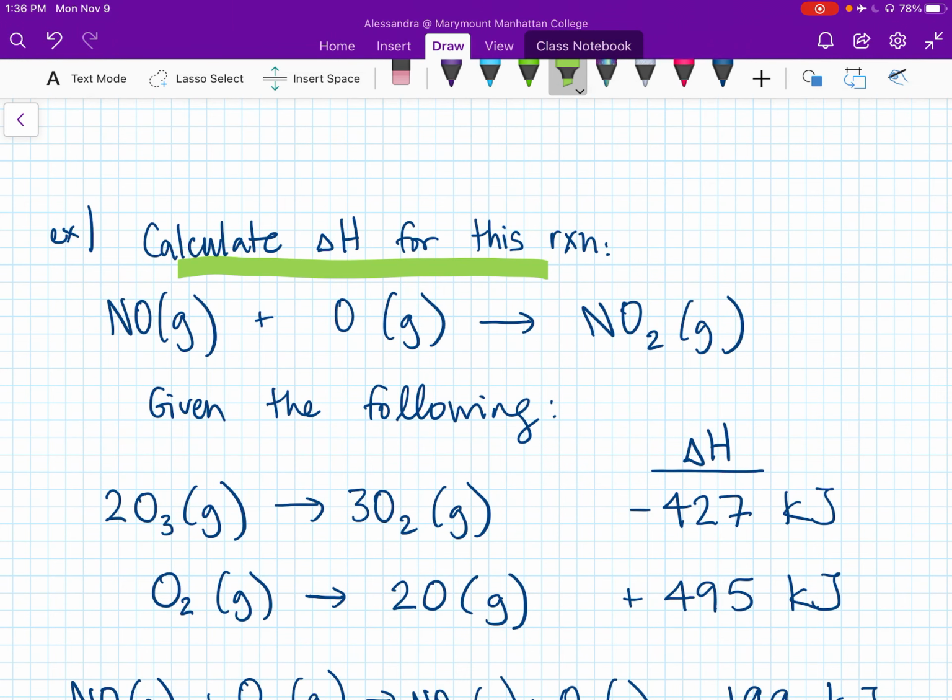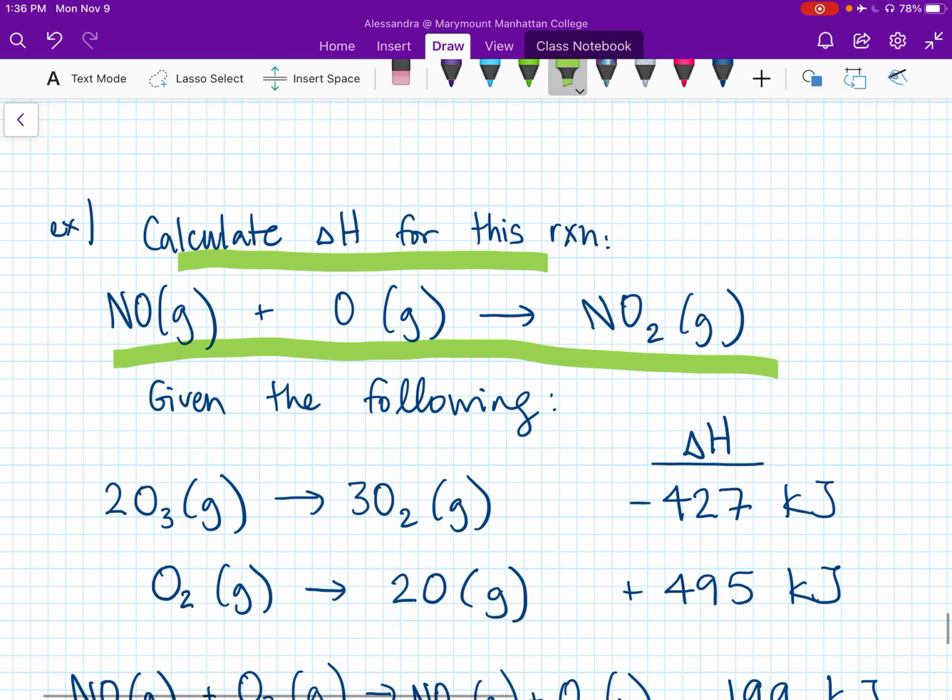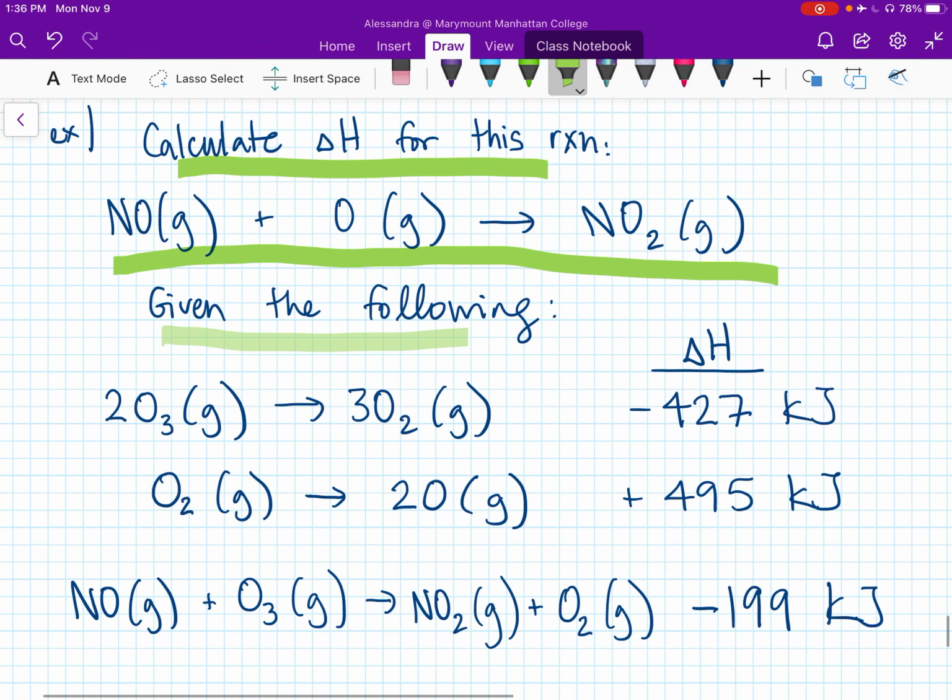Calculate delta H for this reaction. Nitrogen monoxide plus singlet oxygen gives nitrogen dioxide. Okay, we want to calculate delta H for that reaction given the following information. So we're given two reactions. In the first reaction, we have two ozones, O3, break apart into 3 O2 molecules, and that has a delta H of negative 427 kilojoules.